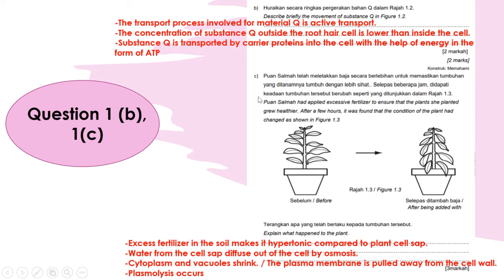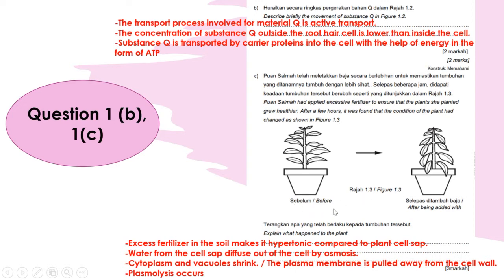Okay, let's go to question 1C. Puan Salma had applied excessive fertilizer to ensure that the plants she planted grew healthier. After a few hours, it was found that the condition of the plant had changed, as shown in figure 1.3. Okay, let's go to figure 1.3.